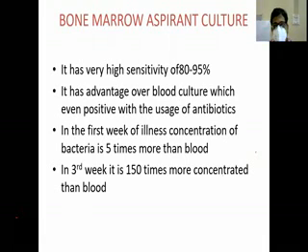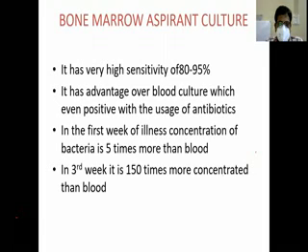bone marrow aspiration. If you want to confirm, because of the high sensitivity, bone marrow is the gold standard test. Usually we don't do it because it's a more painful procedure for the patient. Even blood culture is more than enough. But if you can't rule it out, and the patient is having continuous symptoms of typhoid and enteric fever, then we'll go with bone marrow aspiration, because it has a very high sensitivity of 80 to 95%.